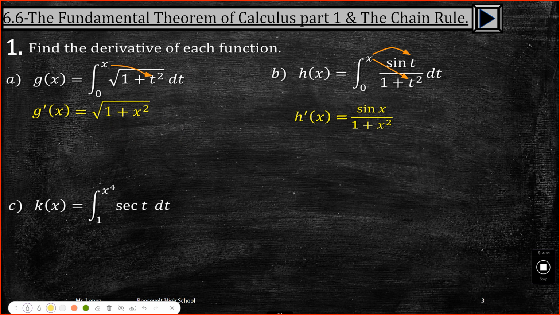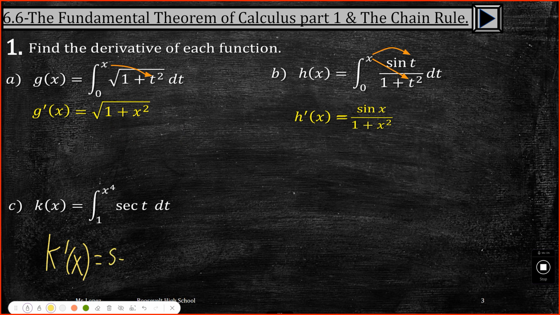Okay, here we go. This is it right here. So what would be the derivative of this? It'll be k prime of x will equal to... we just plug it in, huh?